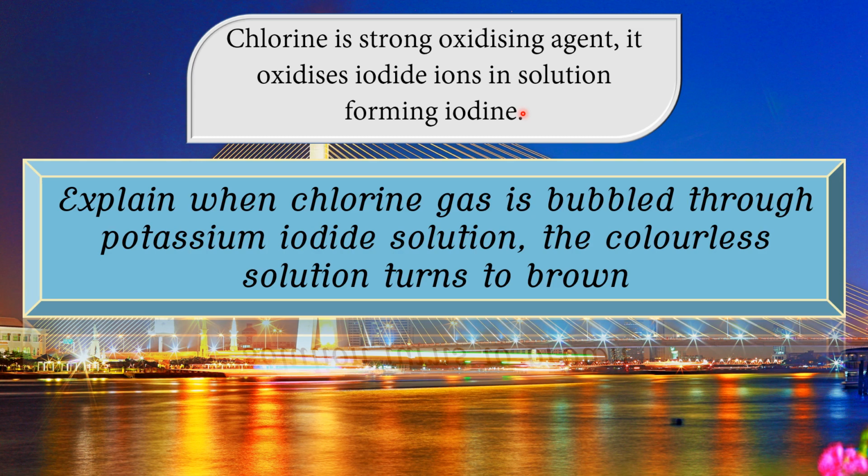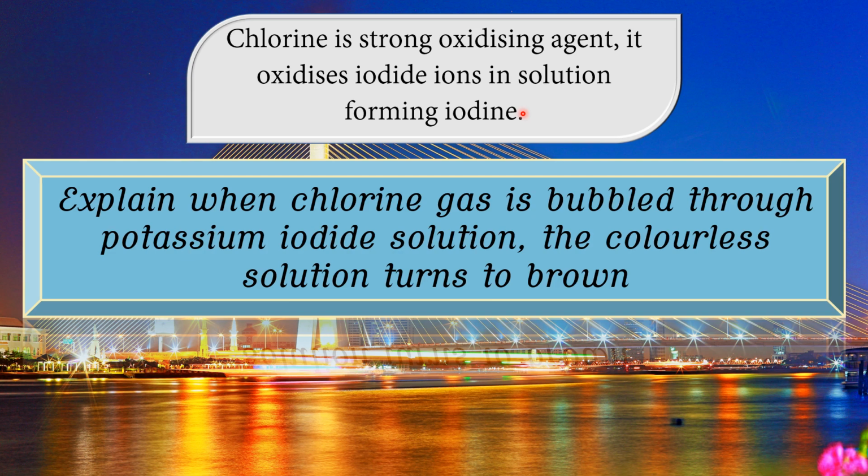Which means that starting from down going up, that is reducing. Iodine is a strong reducing agent, followed by bromine, and then chlorine is the least. So that's how the trend is.